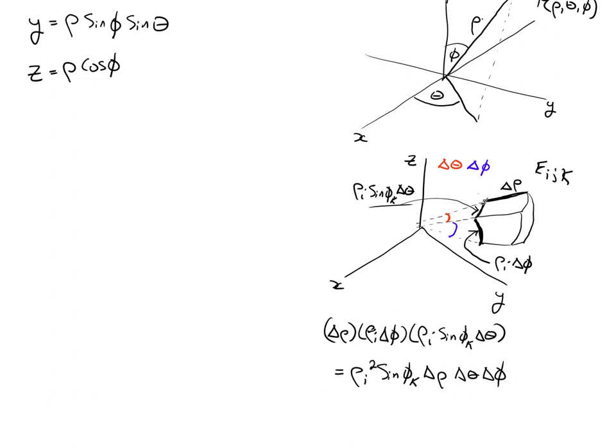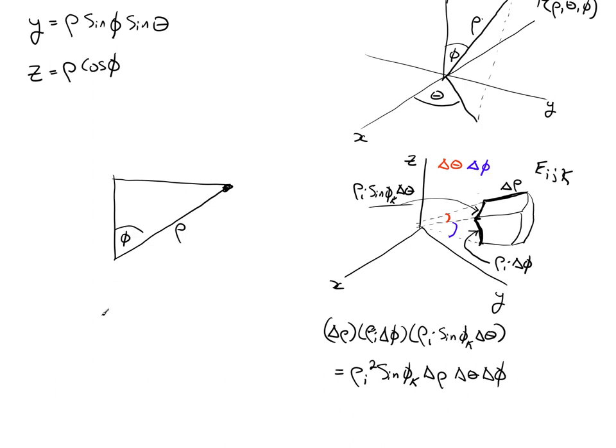Well, this angle has a projection down the xy plane, and that's what we think of as being theta. But I'm claiming that this distance is rho_i sine phi_k, which, if I draw a quick triangle here to represent this, say this is rho reaching out and touching that point over here, and this is the angle phi.